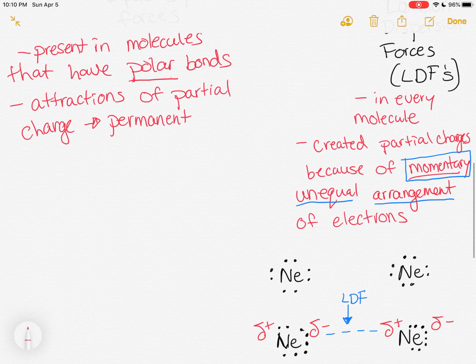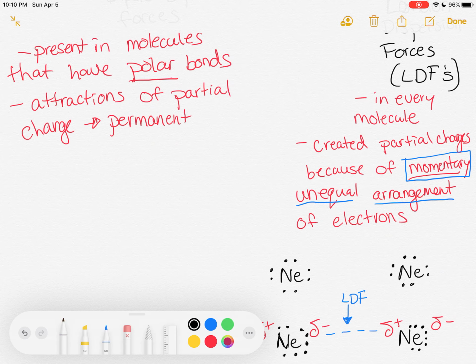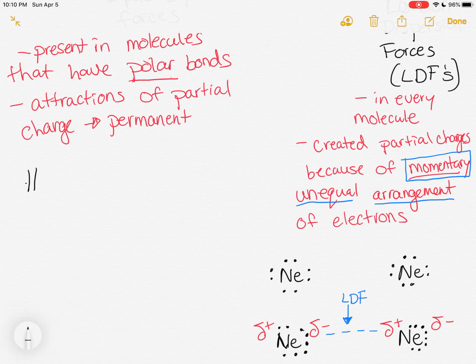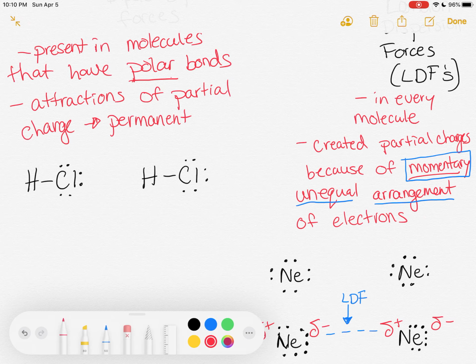And so we're going to use an example of HCl. So we have our HCl molecule. And we're going to draw a second HCl molecule because we can only illustrate intermolecular forces when we have 2 molecules present. And in our HCl molecule, we know that hydrogen to chlorine is a polar bond.